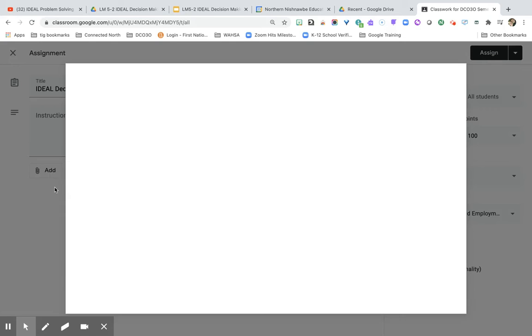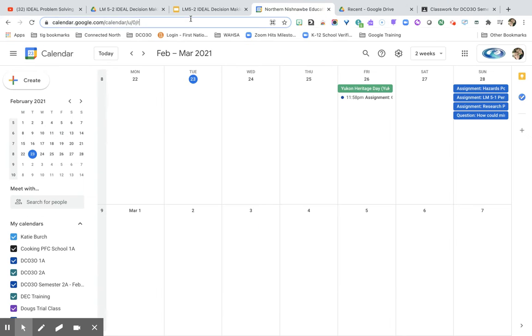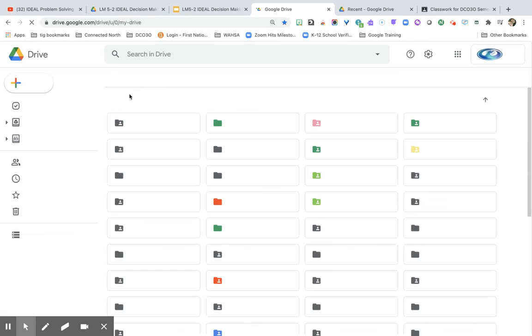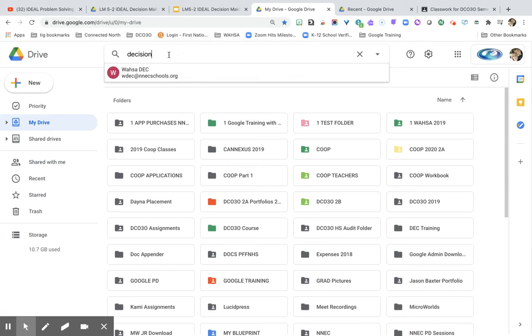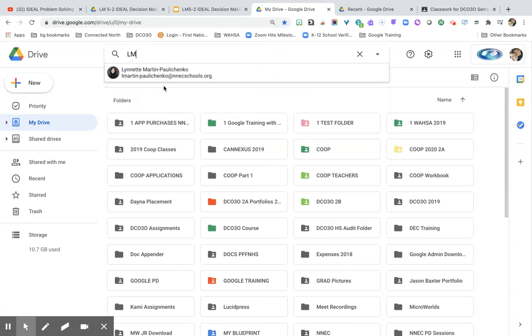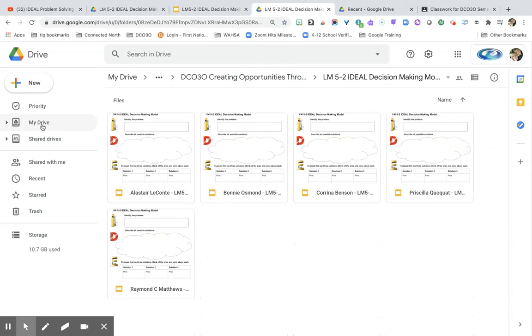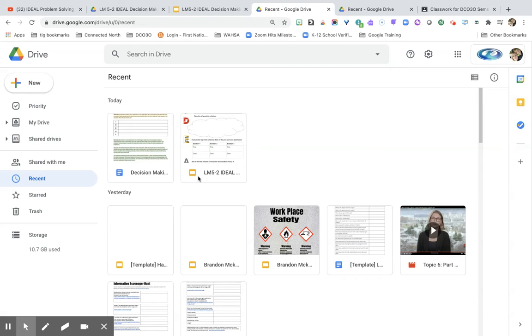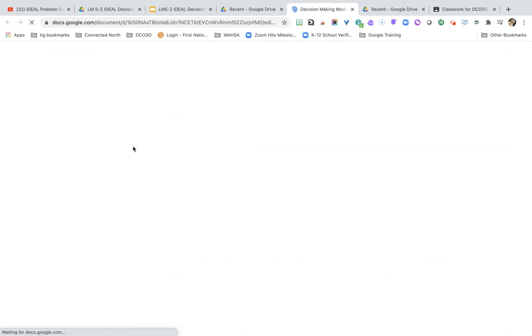Let me go and add it because we're going to work on it together. Let's see if that's the right one. Oh, for some reason, I can't find it. Oh, here it is. Okay, the template's going to look like this.